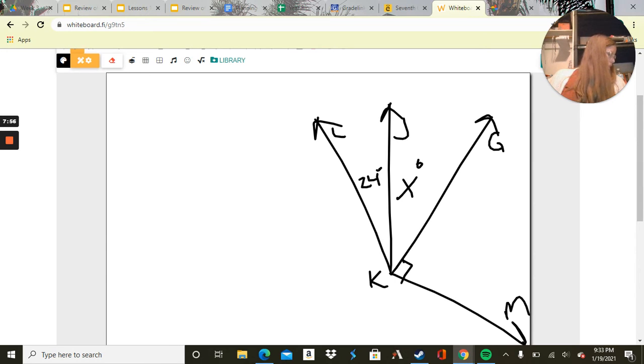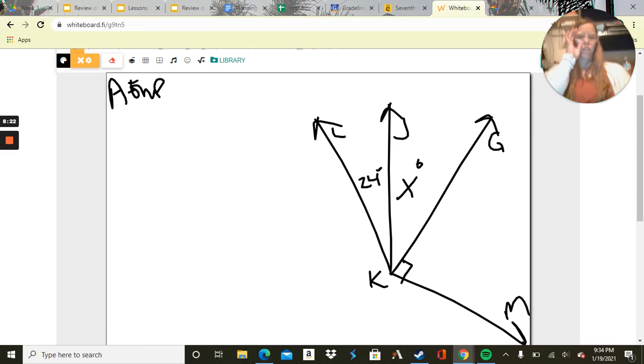That one is going to be angles on a point, because it's going to add up to be 360.